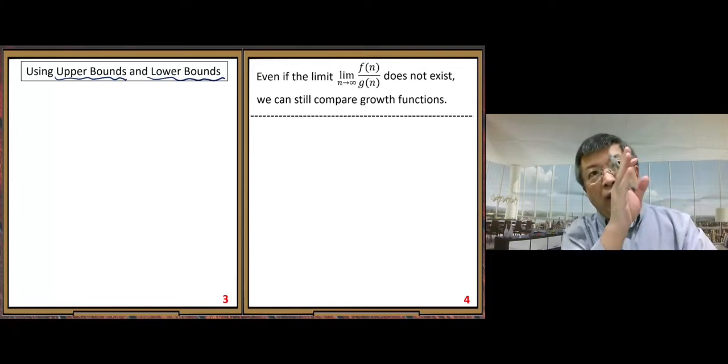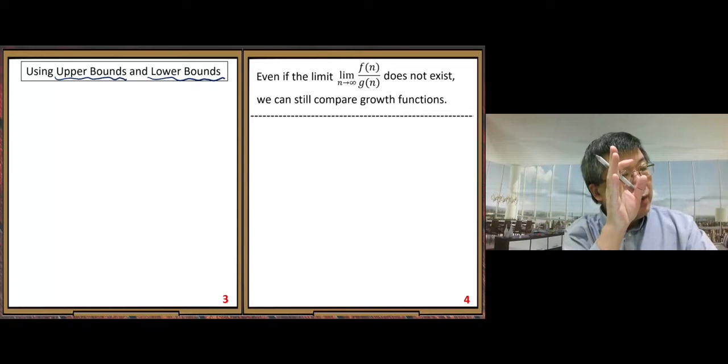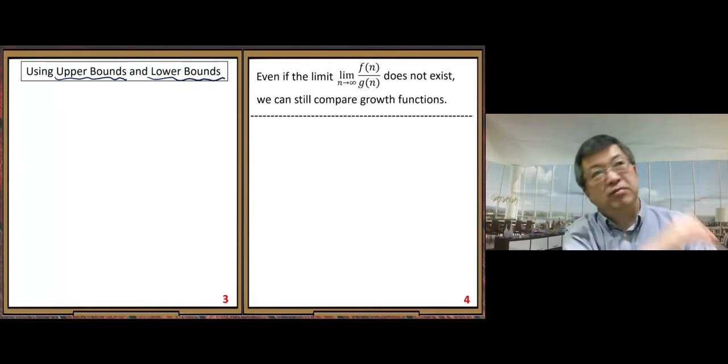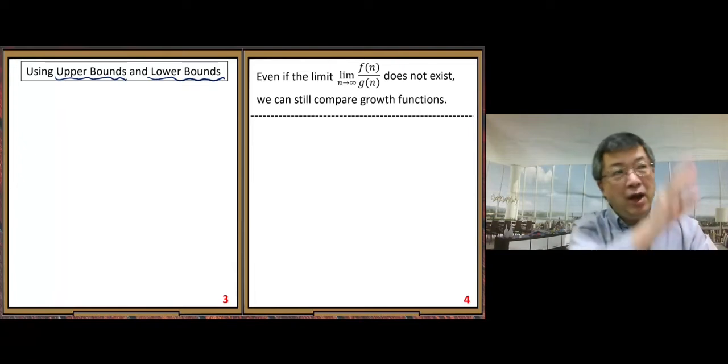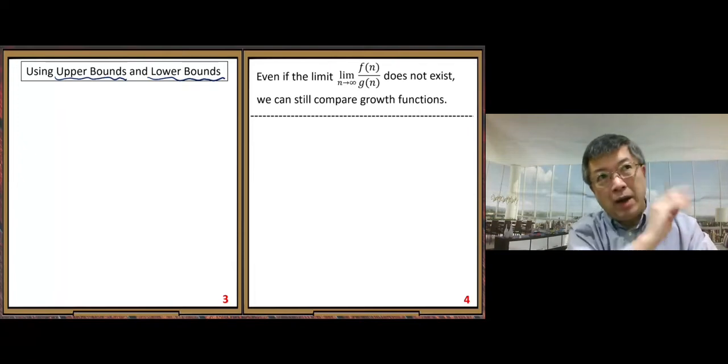When the limit does not exist, we can use upper bounds and lower bounds to avoid taking the limit. From another point of view, even if the limit exists, we can still use upper bounds and lower bounds. So we can use two ways, the limit way and the upper bound, lower bound way.